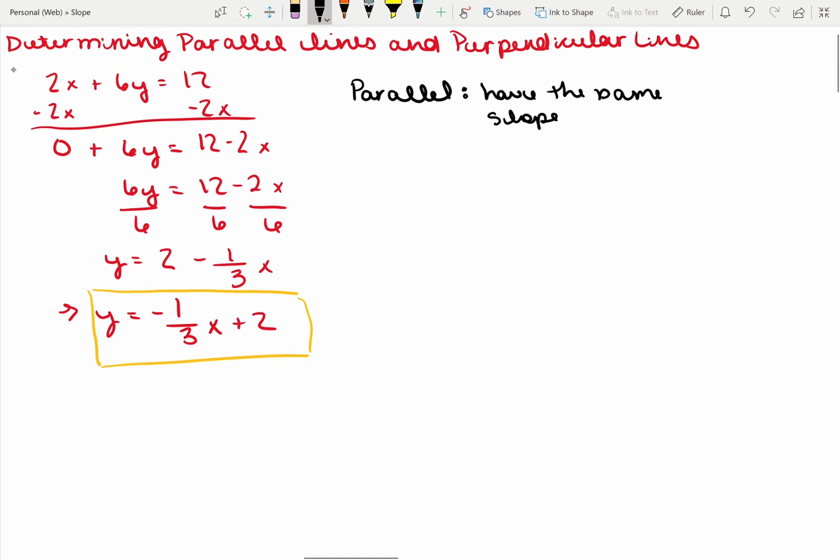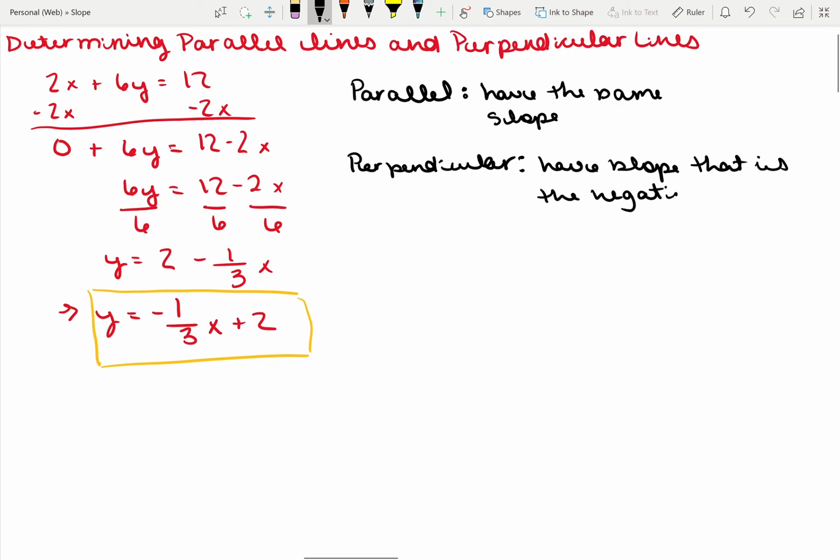And a line that is perpendicular would have a slope that is the negative reciprocal of the parallel slope.